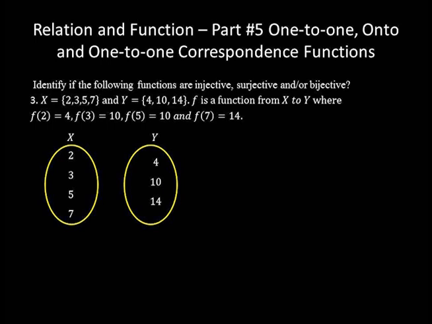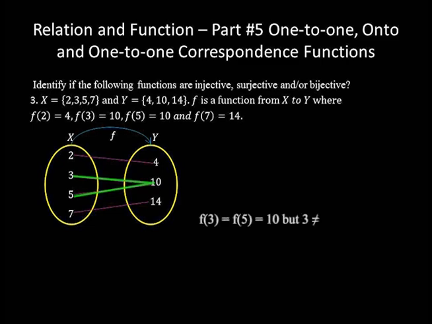Given that f is a function from X to Y, f of 2 is 4, f of 3 is 10, f of 5 is also 10, and f of 7 is 14. In this diagram, both 3 and 5 map to 10, meaning f of 3 equals f of 5 equals 10, but 3 is not equal to 5.